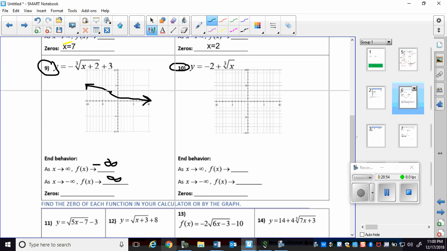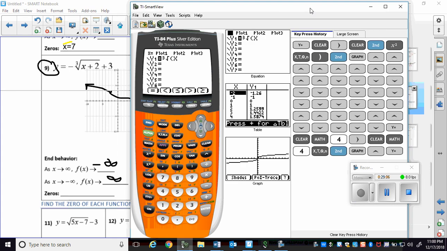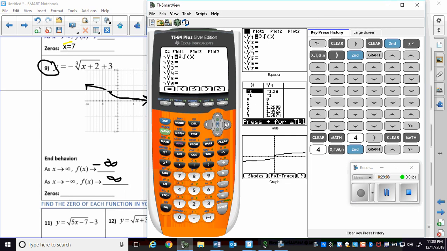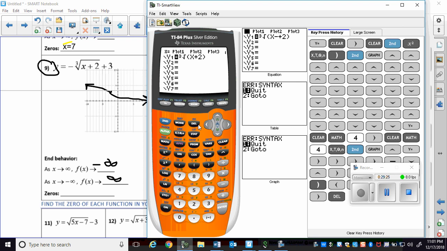My 0 for this particular one, what the x value is when y equals 0, I'm going to use my graphing calculator. So I'm going to put this equation in and just look at it, make sure mine looks relatively close to that. So x plus 2. If you notice when I'm writing this in, I'm using parentheses, so plus 2, parentheses, plus 3.